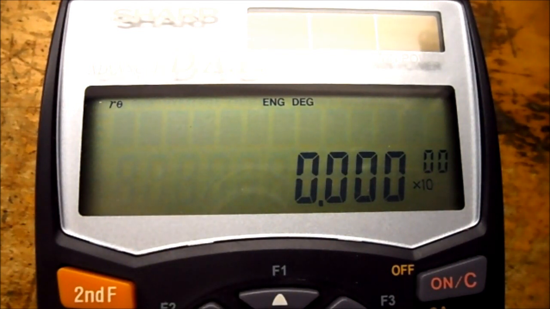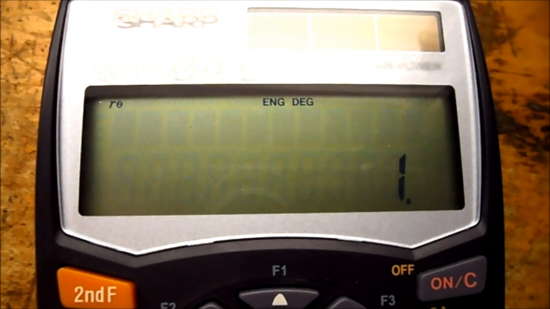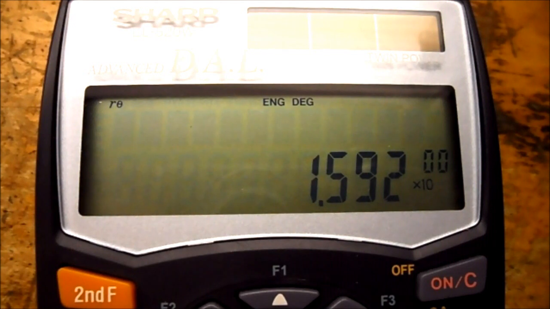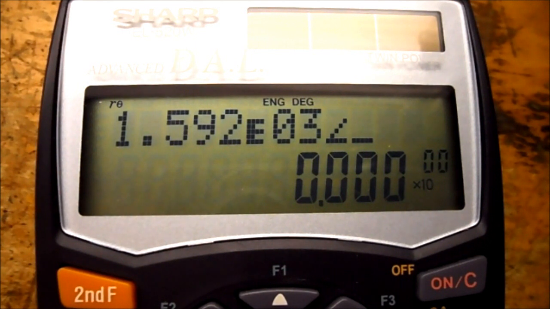So now I can type in my entire equation. So XC is equal to 1.592 K, so I press exponent 3. And then I press my angle key to put in the phase angle of 90, and then the plus minus sign to make it negative.